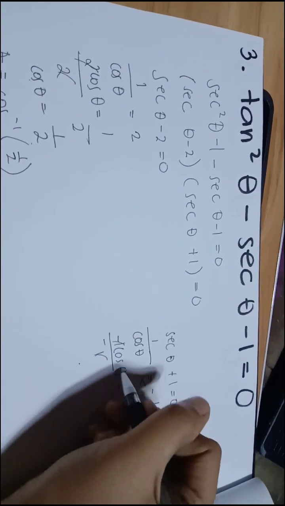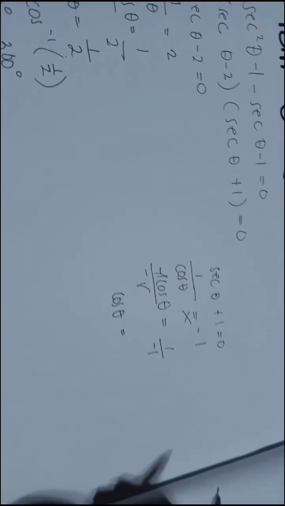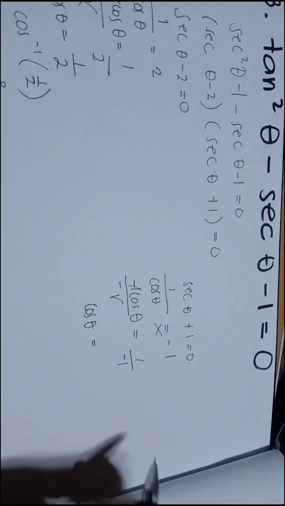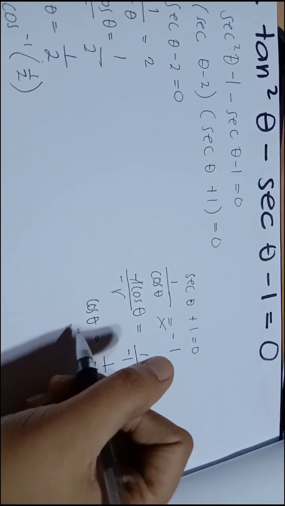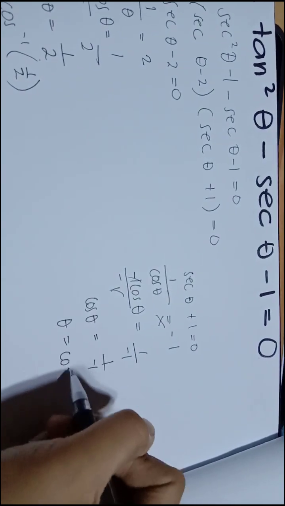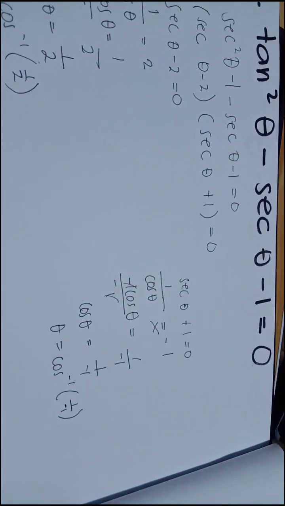I forgot to put a theta. So cosine theta equals 1 over -1. So our theta is equal to arc cosine of 1 over -1.